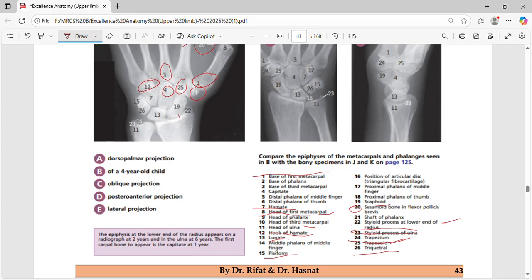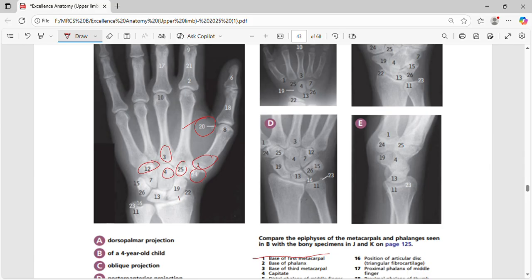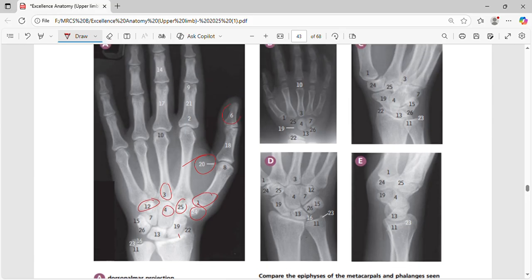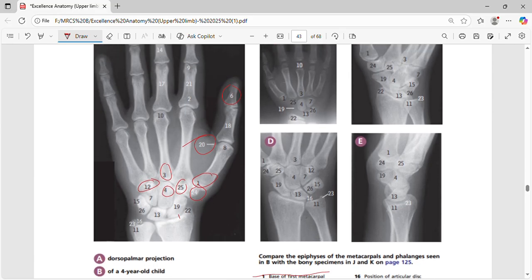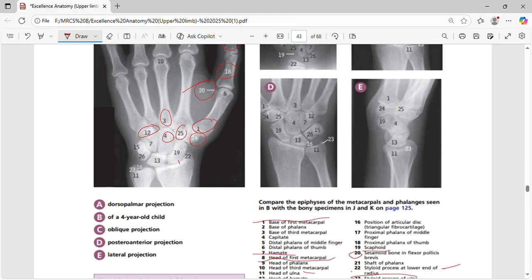Okay, so what is 24? 24 is the trapezium. So this is trapezium, this is trapezoid. And then we have some here. This is the distal phalanx and this is the proximal phalanx of the first finger.